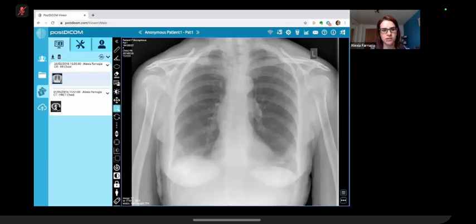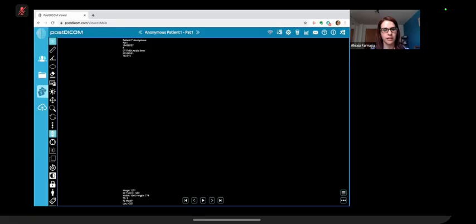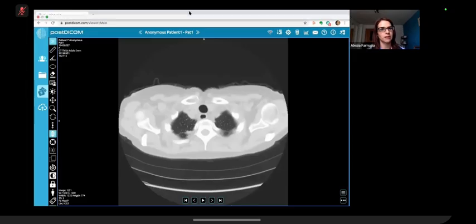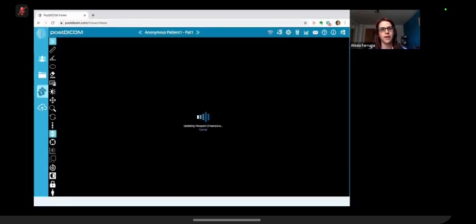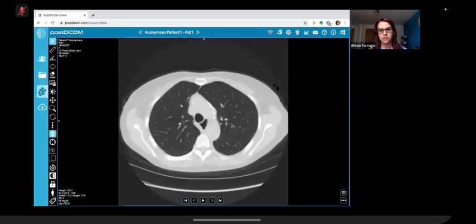So we did an HRCT chest, as you said, to further evaluate the findings. I will scroll through it in lung windows, and then I will scroll through it in mediastinal windows, because there's an important finding there. All right, so we'll start with the lung windows.